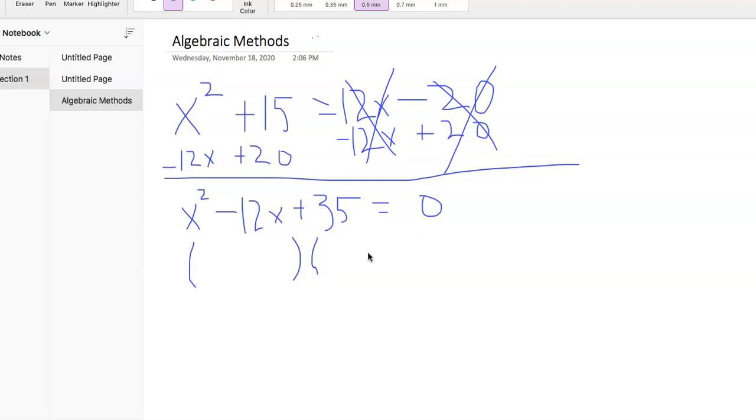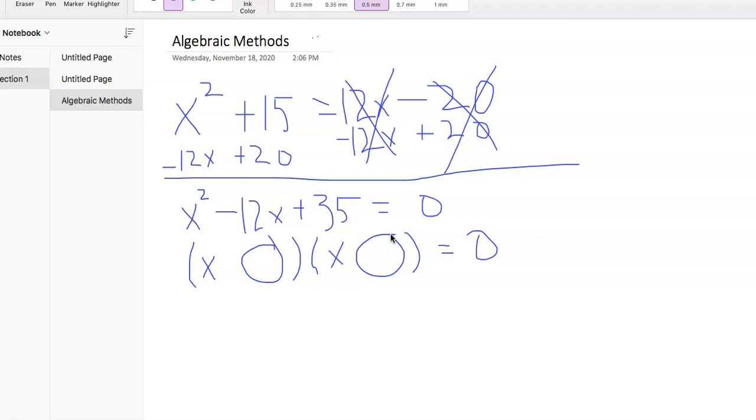Okay, so from here, what we're doing is setting up something like this, equals 0. And so we have x squared, so we're going to have an x here and an x here. Now what's going to go next to them, so it'll be x plus something or x minus something, these two numbers, like there'll be a number here and a number here, have to multiply to 35 and add up to negative 12.